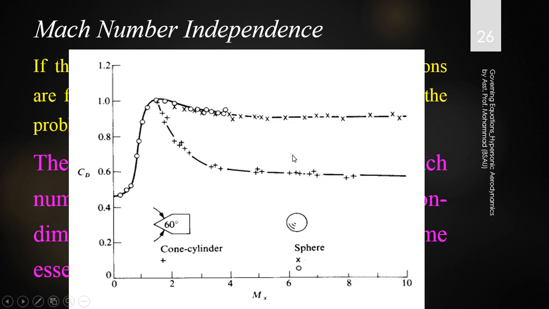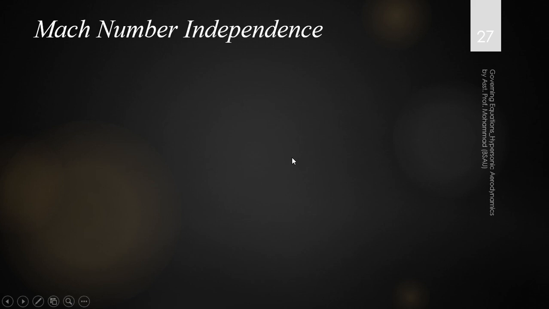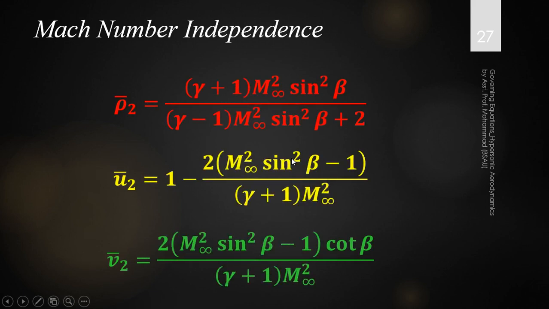What is the reason? Look at the governing equations and the boundary conditions. The governing equation is anyway free of Mach number, so only the boundary condition can affect it. The boundary conditions are the non-dimensionalized boundary conditions, and they contain a factor called M square sin square beta. This M square sin square beta is higher for the sphere than for the cone cylinder combination.